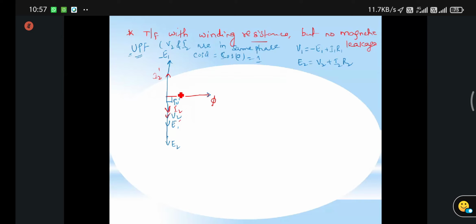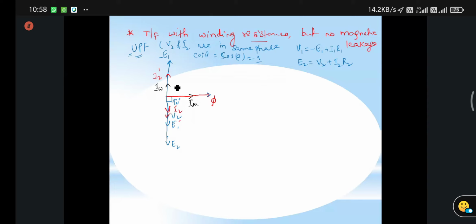Before that, while discussing the load condition of a practical transformer, first of all we have to know the no load condition, and we have to draw this no load condition. Because of no load, you get these currents, the working component and the magnetizing component. If you combine these two lines, then you get I naught here.